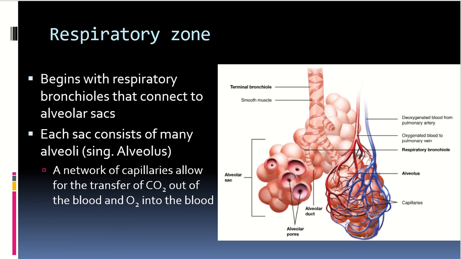So oxygen will go from each alveolus and diffuse into the bloodstream, into the pulmonary veins, to be pushed back toward the heart.